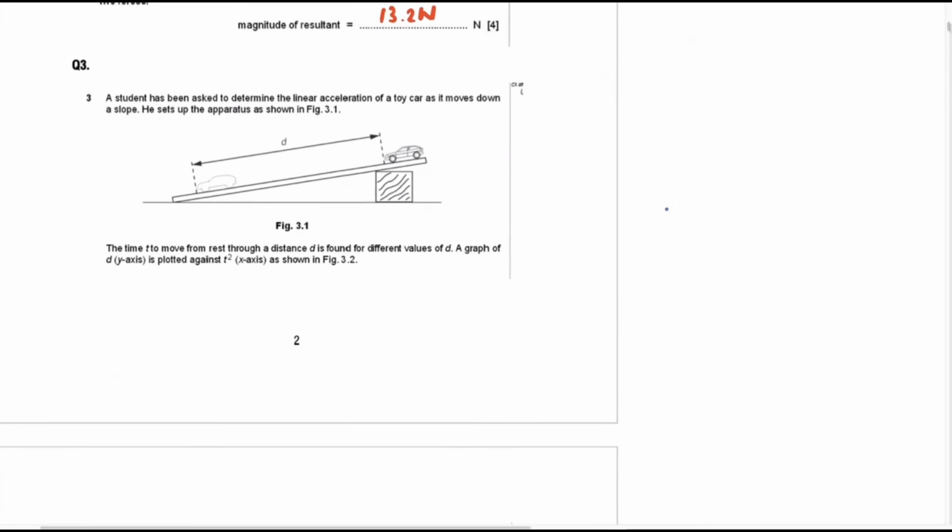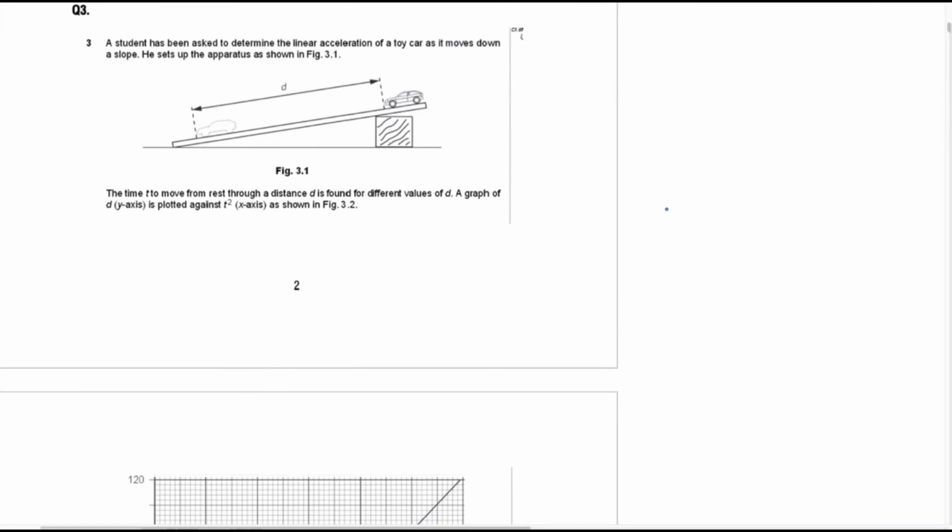Let's look at this question 3. A student has been asked to determine the linear acceleration of a toy car as it moves down a slope. He set up the apparatus as shown in figure 3.1. So the toy car moved down the slope.